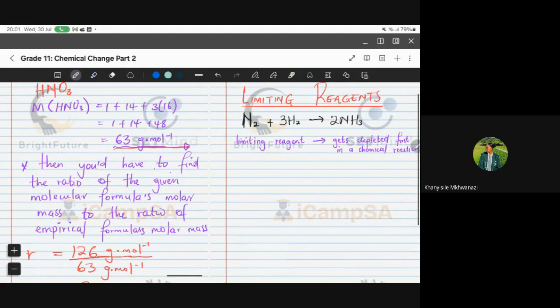Now, the excess reagent is just the opposite.